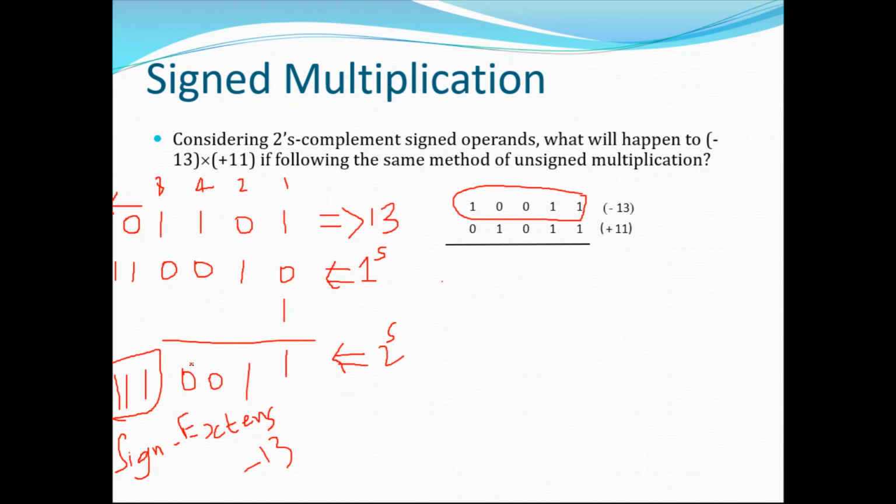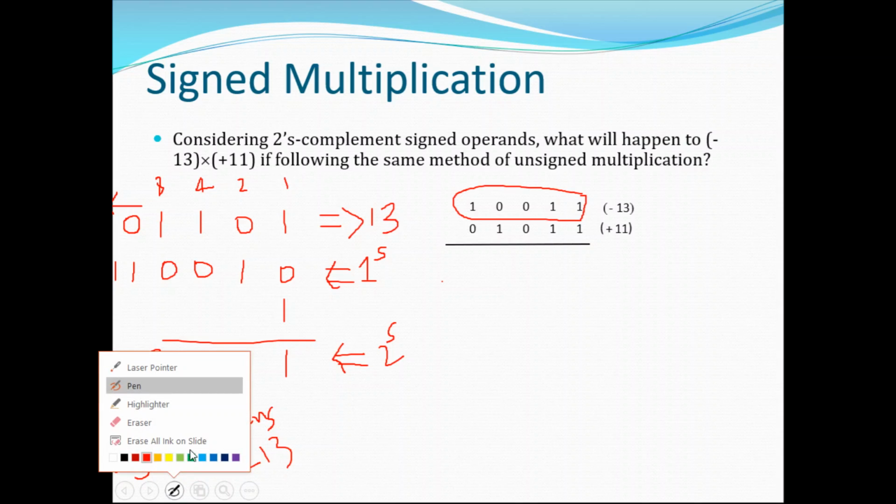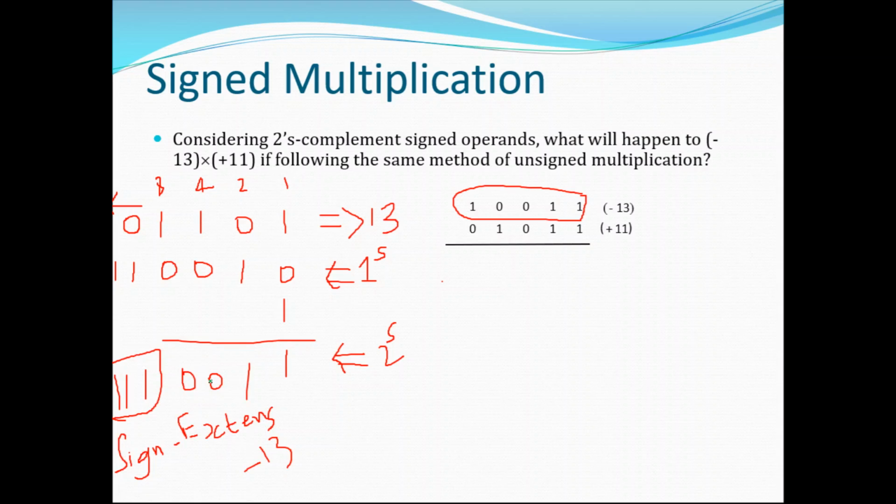We don't need all these infinite ones, we will take only the first one. So this number can be represented with 5 digits, 10011. That is what we have represented here. This is nothing but the 2's complement of minus 13, right?